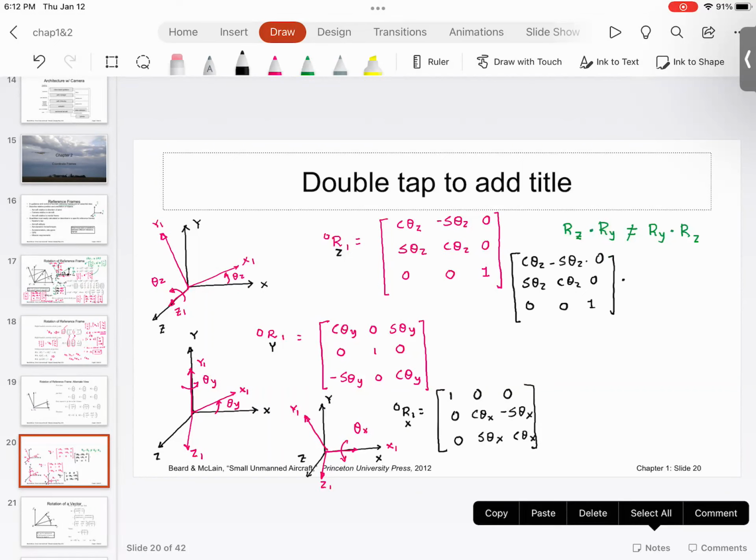And I'm going to multiply this with Ry, which is cosine theta y, 0, sine theta y; 0, 1, 0; minus sine theta y, 0, cosine theta y.